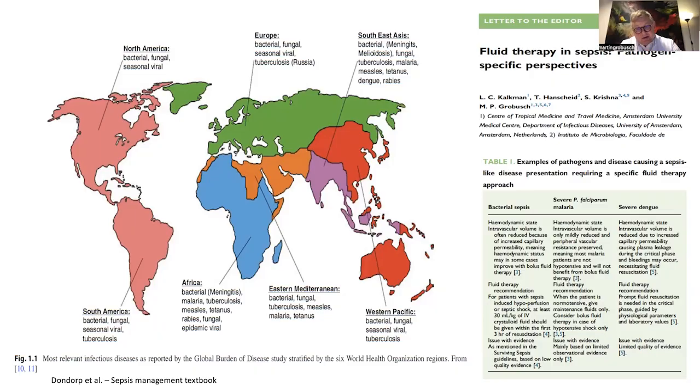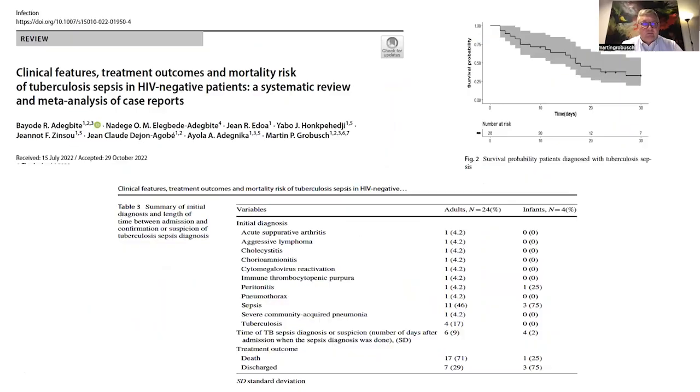And very important diseases such as severe malaria or severe dengue can also come in the disguise of a bacterial infection. And they might, as I illustrate here with the example of fluid therapy, require very, very different approaches.